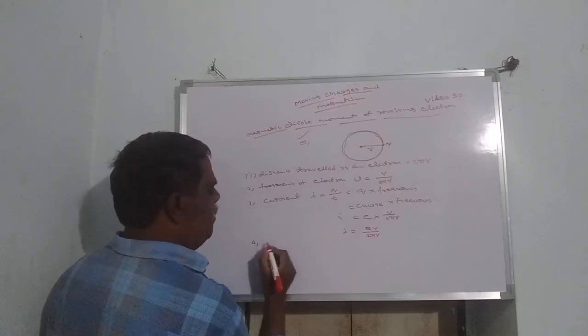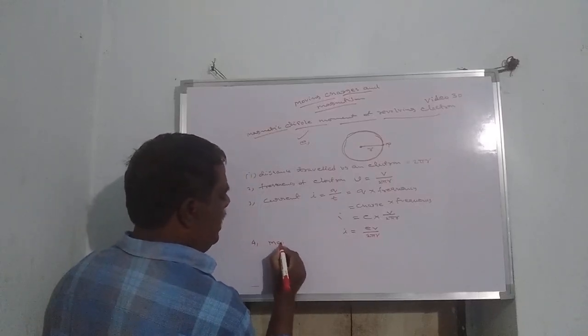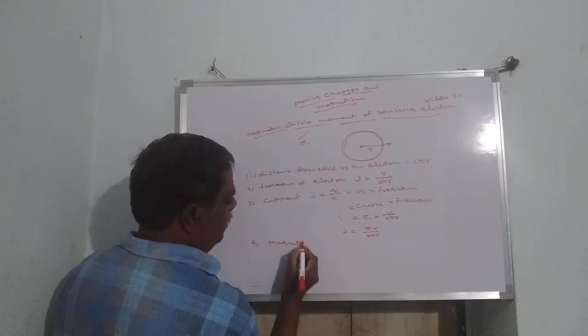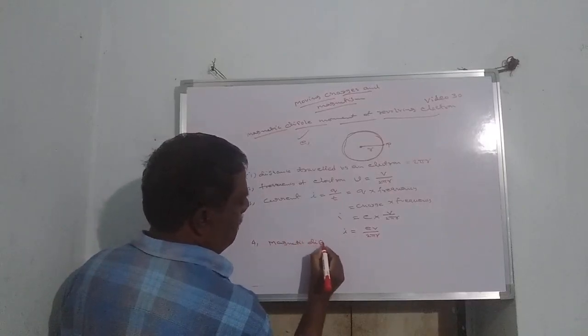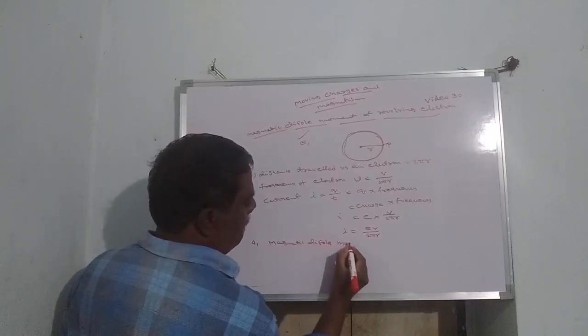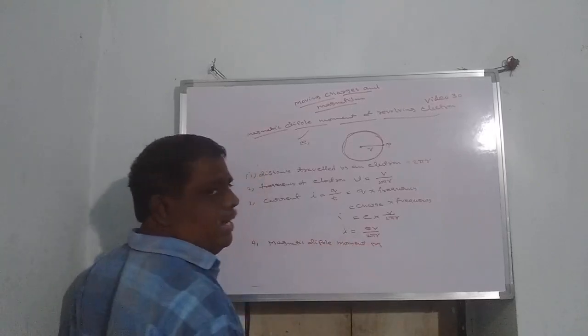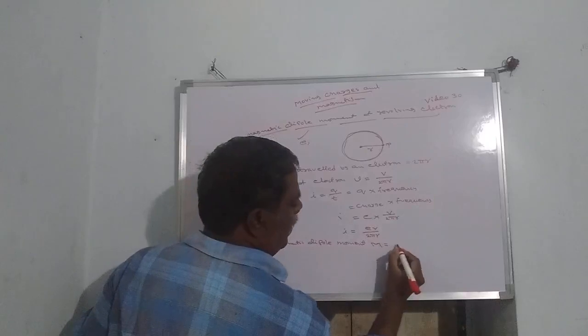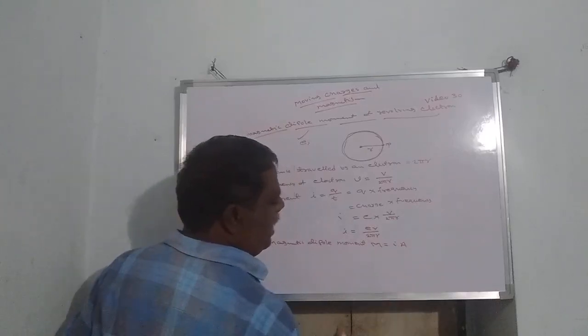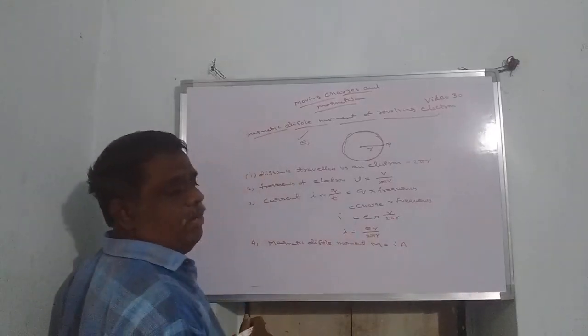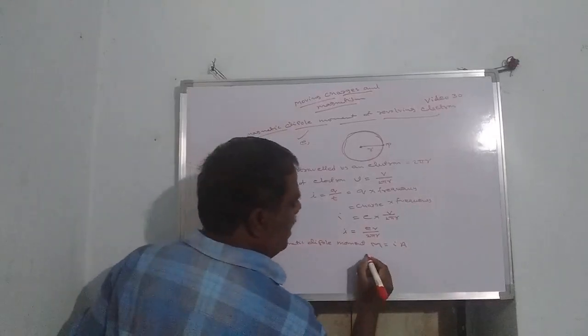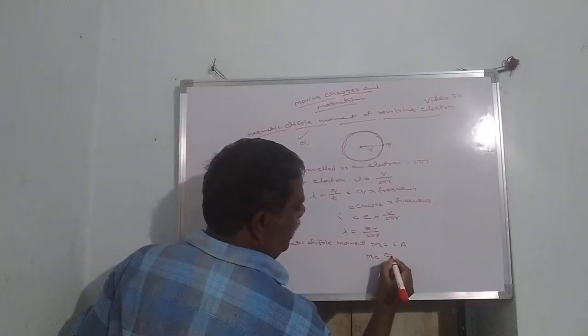Then fourth step, magnetic dipole moment, should be denoted with capital M. Formula for capital M is IA. I we have calculated. What is the I value? ev by 2 pi r.